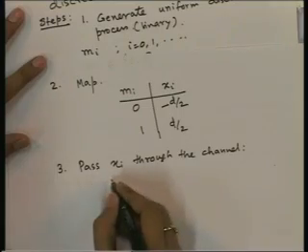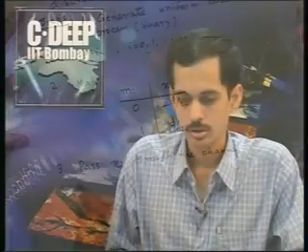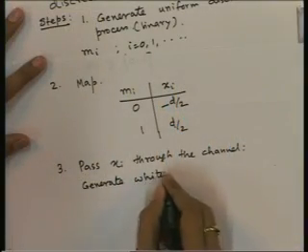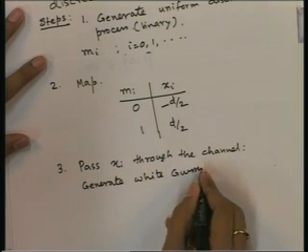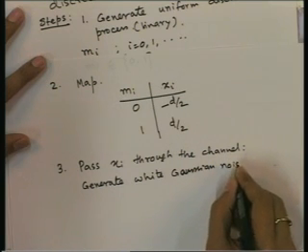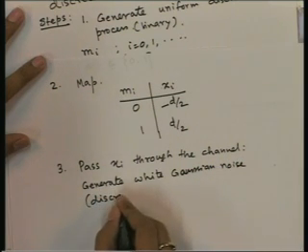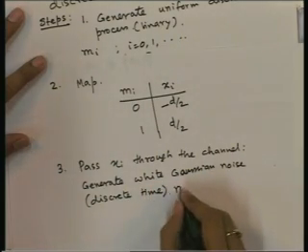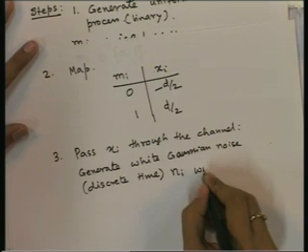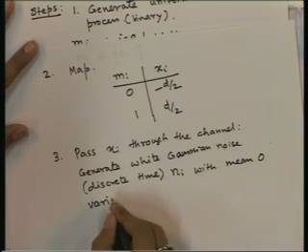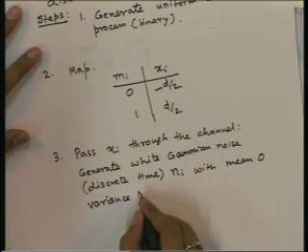To generate that we have to first generate the noise process. So, generate first a discrete time white Gaussian noise N_i with mean 0, variance N naught by 2.